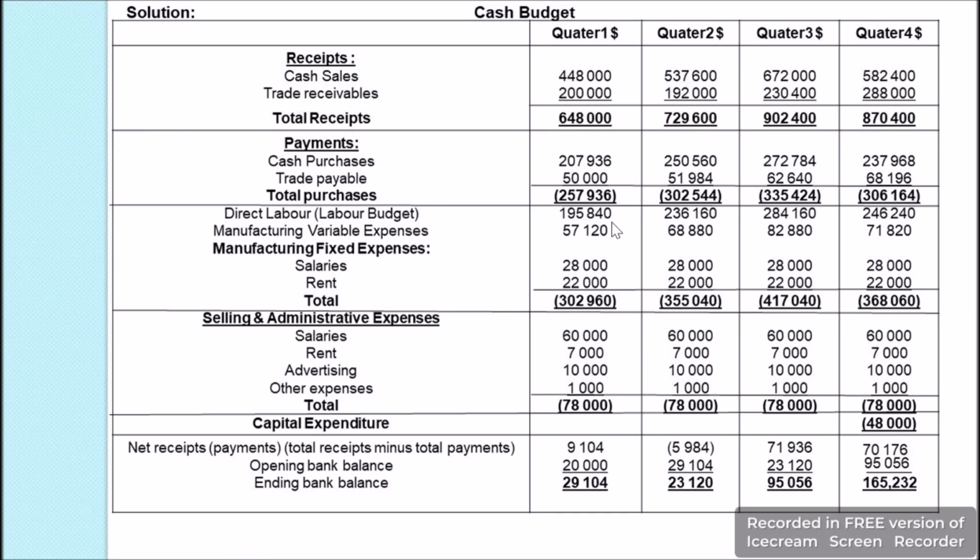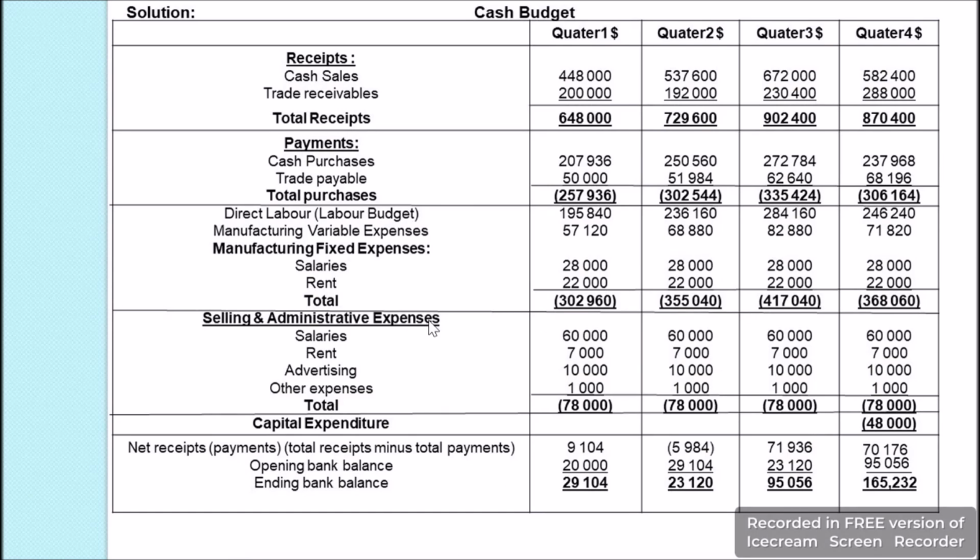So we take $195,840 plus $57,120 plus $28,000 plus $22,000. We get the total as $302,960. In the same way, for the second quarter, it will be $355,040. For the third quarter, we get the value as $417,040. And for the fourth quarter, we get the value as $368,060.